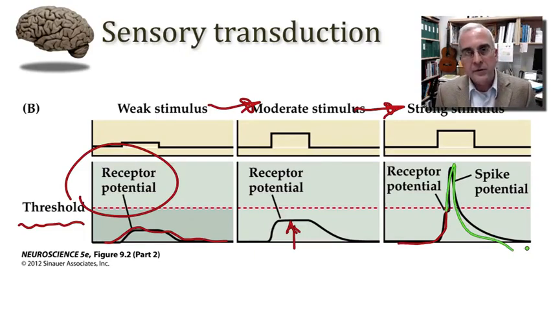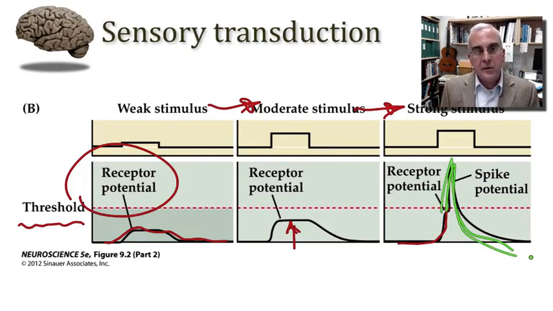The generator potential is a function of the stretch-activated ion channels. But once that membrane is depolarized to achieve the threshold for generating an action potential, now our friends, the voltage-gated sodium and potassium channels, are activated and an action potential is generated. So different kinds of ion channels contribute in different phases to the transmission of information along the axon of the primary sensory neuron.